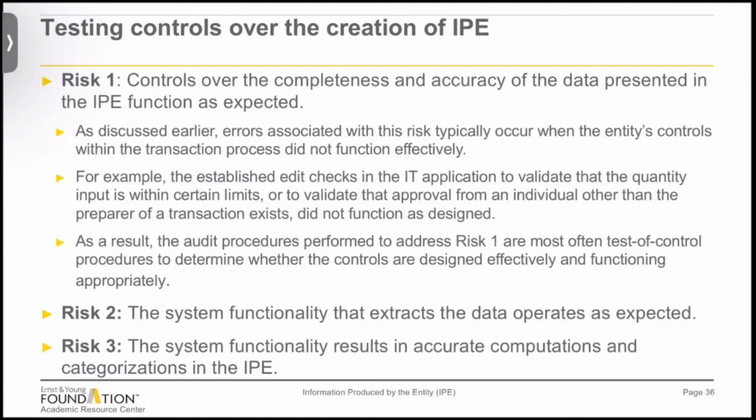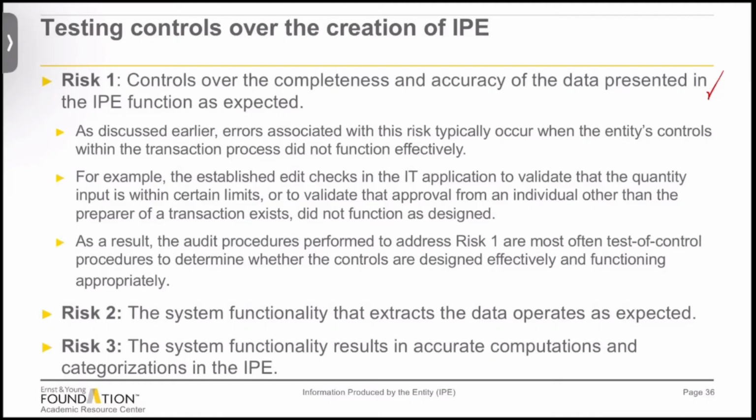For example, risk 1, controls over the completeness and accuracy of the data presented in the IPE function as expected. So as discussed earlier, errors associated with this risk typically occur when the entity's controls within the transaction process did not function effectively.